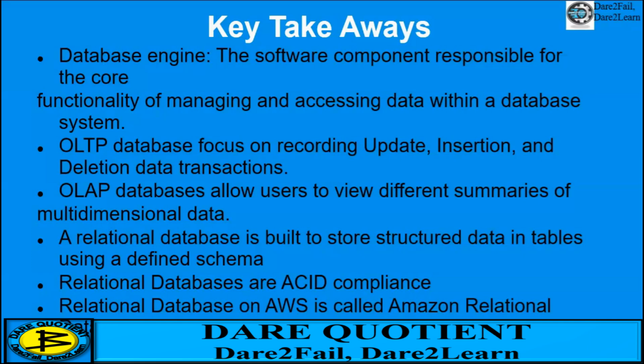With the online transactional processing, you use it when you want to record updates, insertions, and delete data transactions. And you mostly use that in a relational database system. While for the OLAP, or the online analytical process, you use that when you want to see data or historical data, and you mostly use that in a non-relational database.